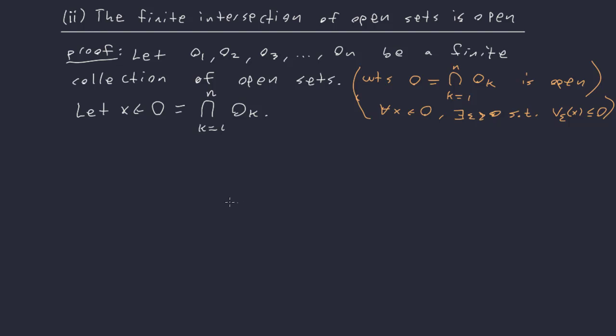Okay, if x is in the intersection, this means that x is in O sub k for all k going from 1, 2, 3, all the way up to n.